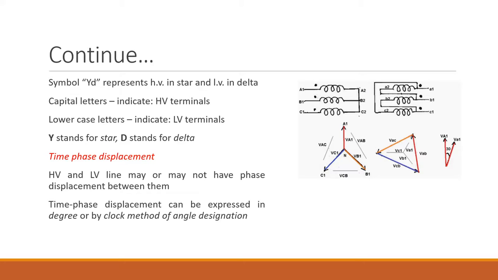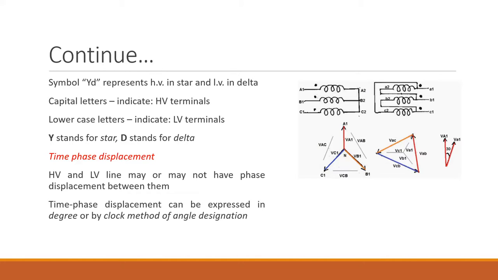This is not indicating the phase displacement. It is indicating that one set of winding is connected in star and another set of winding is connected in delta. But what about the time phase displacement? This time phase displacement can be expressed in degrees or by the clock method of angle designation.